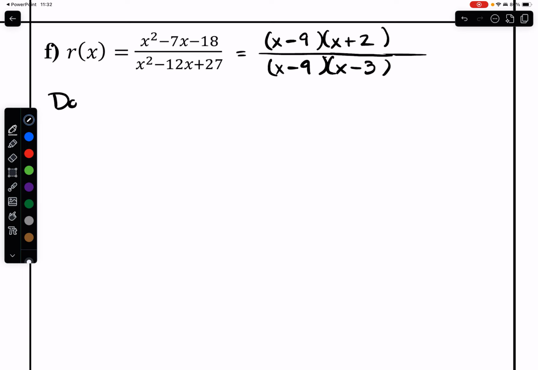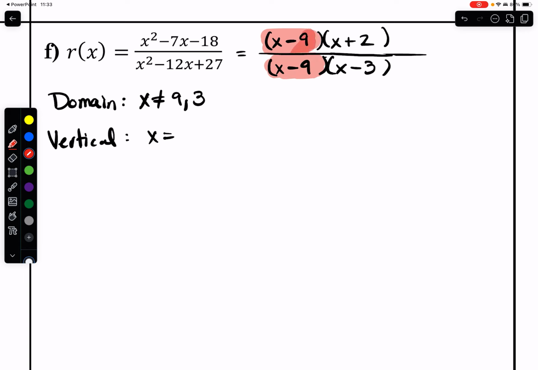So our domain, I know it's not asking us to find the domain, but I like practicing previous skills, is that x cannot equal positive 9, nor can x equal positive 3. But we do not have vertical asymptotes at both of those locations. Since x minus 9 is a common factor, that means x equals 9 is not a vertical asymptote.